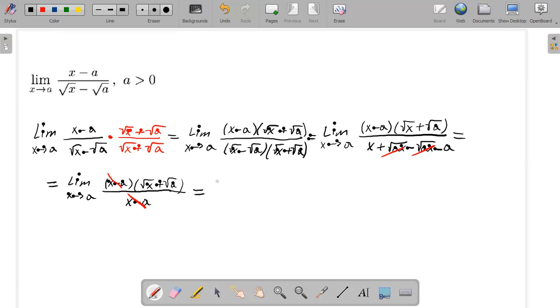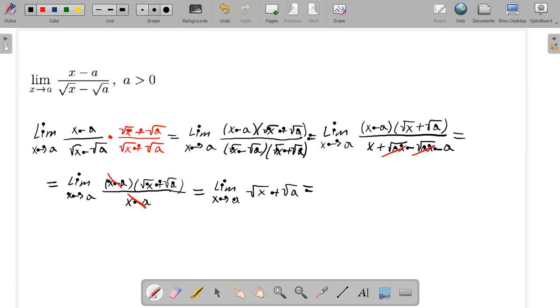we have the expression of the limit as x approaches a of square root of x plus square root of a. Okay, now we don't have a denominator anymore, so you can just plug in a for x, and you will not get 0 in the denominator.